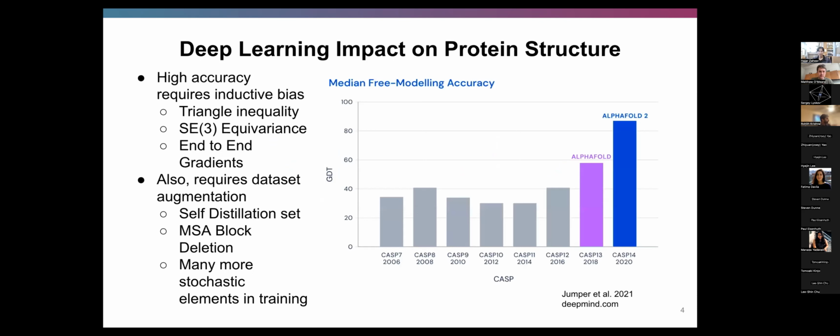And so, as you all know, deep learning has had a huge impact on this concept of protein structure. And I'm not going to go through the details here, but this really hinges on two main things that were introduced in AlphaFold 2, right? The first is this idea of inductive biases that are problem domain specific.